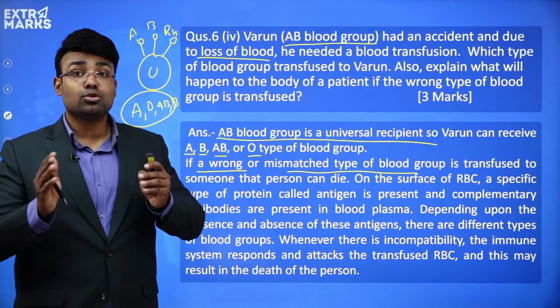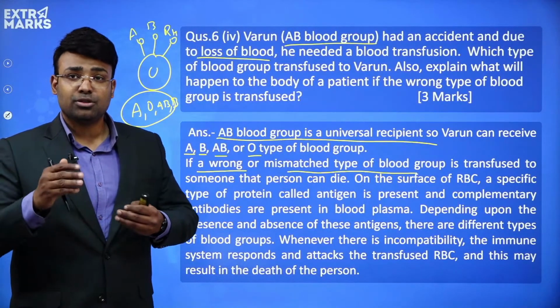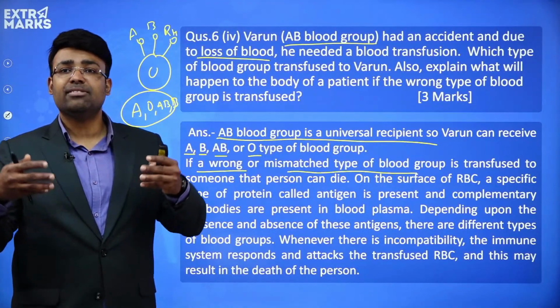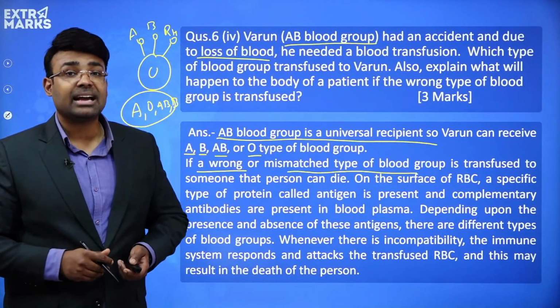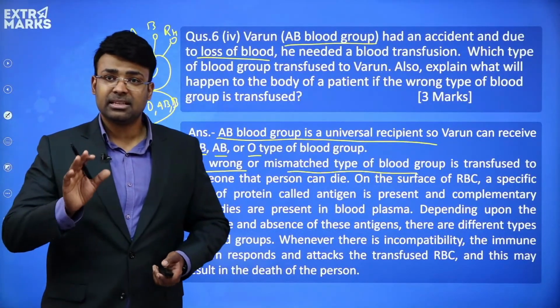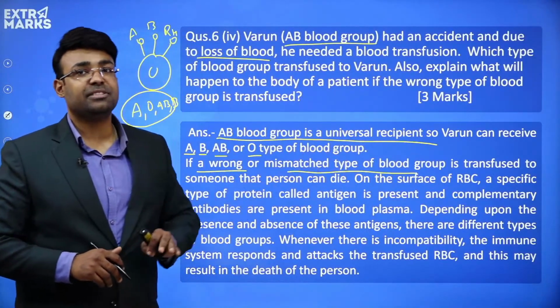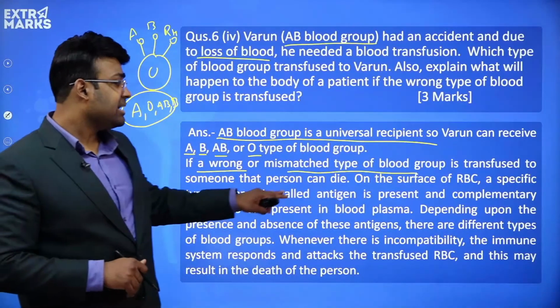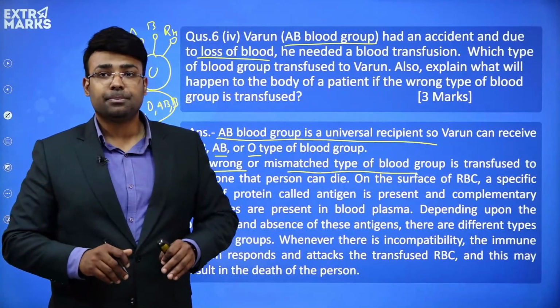So that person is not supposed to have B blood in the body. In that case, the antigen and antibody will fight and kill each other, and the person can even die. This is the reason the checking of blood before transfusion is very important. Clear? So clumping happens, and because of this antigen and antibody reaction, the person can even die.